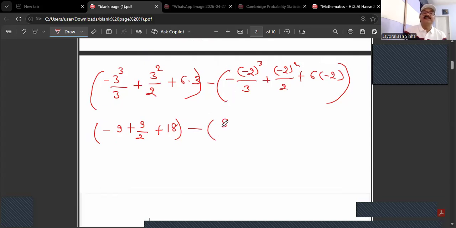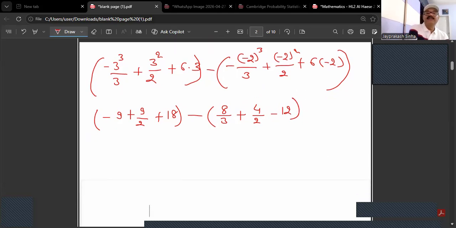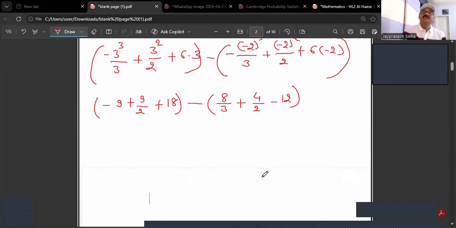So this will be 8 by 3. Minus 2 square is, because the power is even, so it will be positive. So plus 4, 4 by 2. And 6 into minus 2, minus 12. Okay, minus 12.